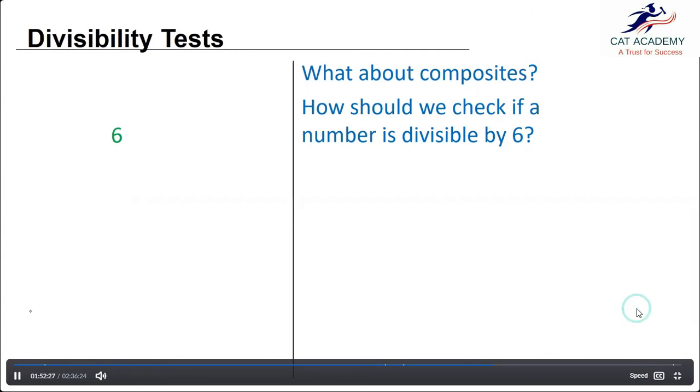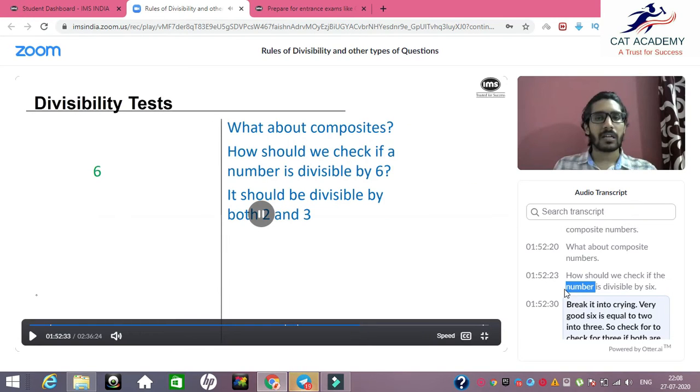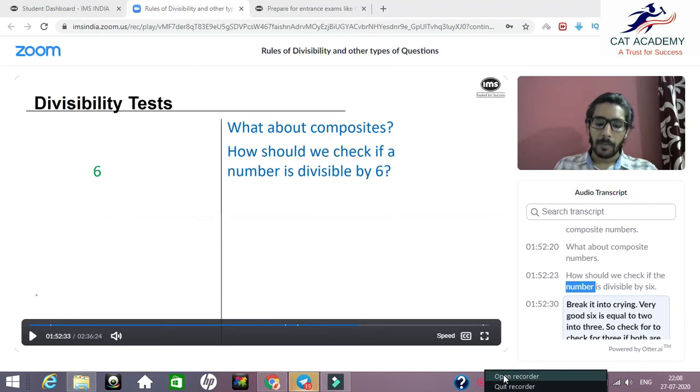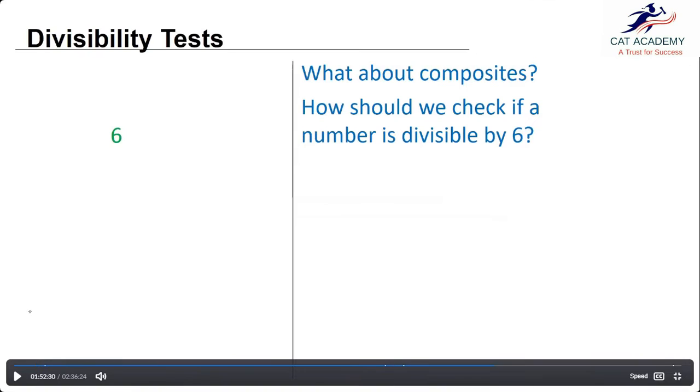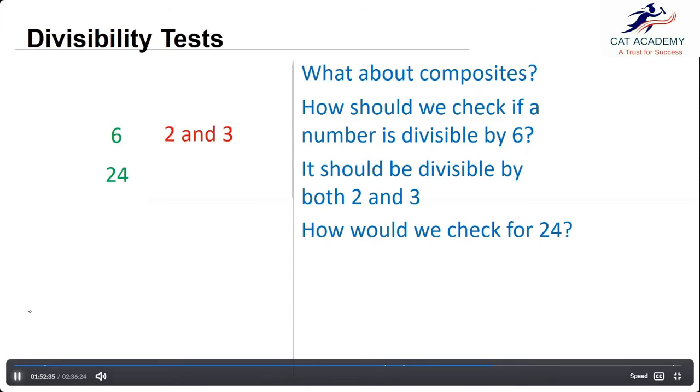Break it into primes. Very good. 6 is equal to 2 into 3. So check for 2, check for 3. If both are there, then the number would be divisible by 6.